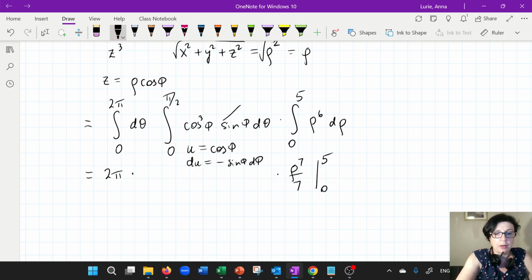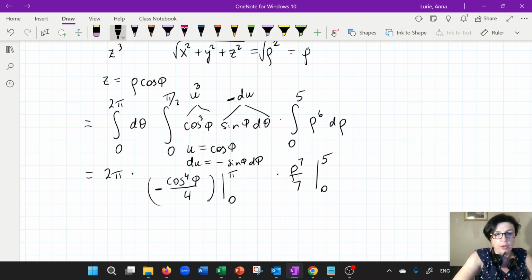So this part right here is almost du except for the negative, so that's negative du, and this part becomes u cubed. The integral of u cubed is u to the 4th over 4, but I'm just going to substitute cosine back in there and also include the negative. And then I will substitute 0 and pi over 2.